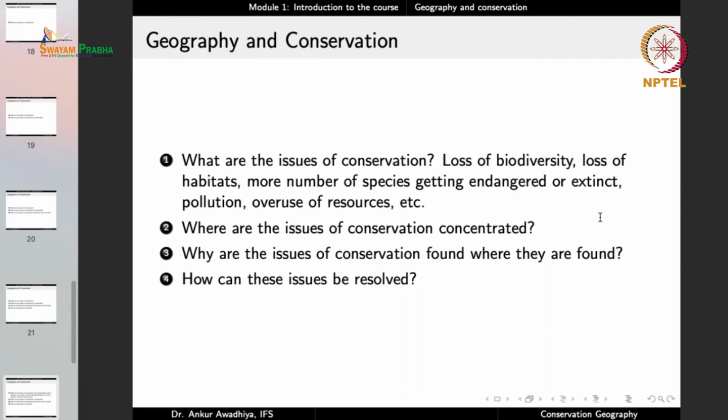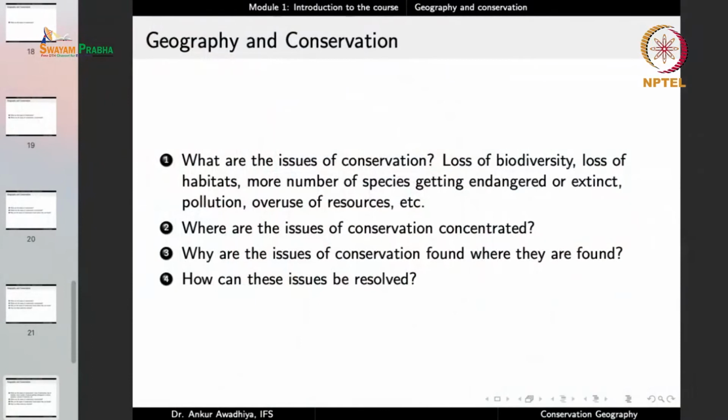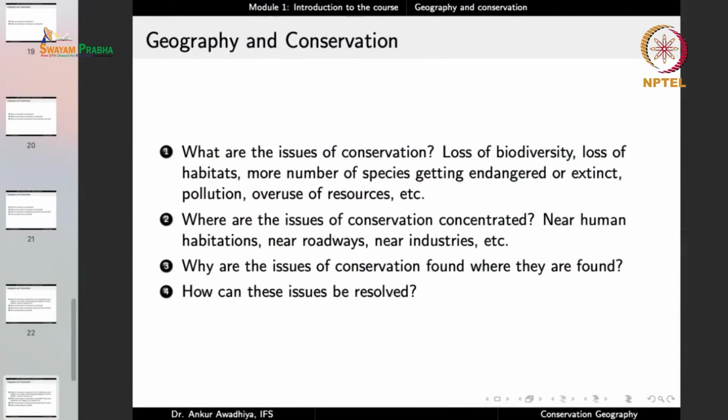And we can ask the question, what are these issues and where are they located? If we look at the locations, we can get the answer that a large number of these are located near human habitations, near roadways, near industries. Because when you have a human habitation nearby, then people would require certain resources.